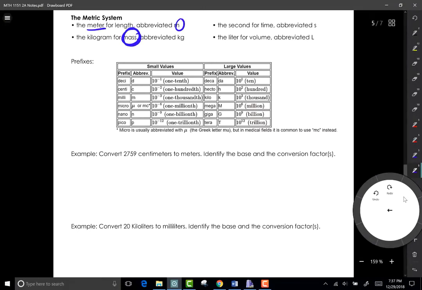We're going to use grams, grams for mass. And then for time, we use seconds. That we're familiar with because we use that with our US system. And then for volume, we use liters.